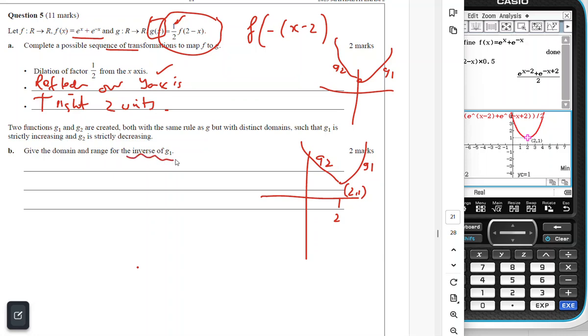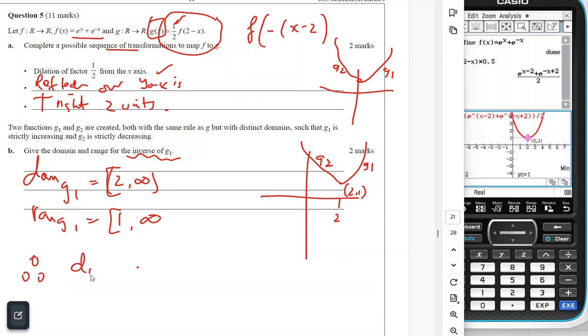I'm looking for the domain and inverse of g1. Okay, so the domain of g1 is going to be 2 to infinity, and the range of g1 will be 1 to infinity, and there's square brackets.